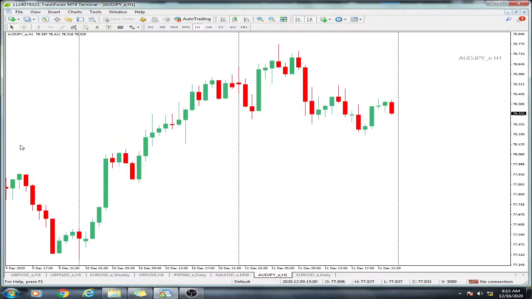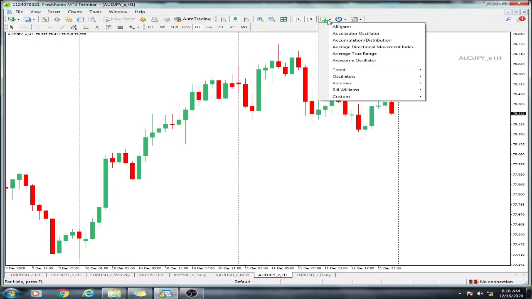Okay, so whenever you're on this screen and you go to this green plus sign here, if you click it, it takes you to a list of indicators. The first ones you're seeing are not listed in an alphabetical manner as such, but these are the list of indicators which you just used recently.